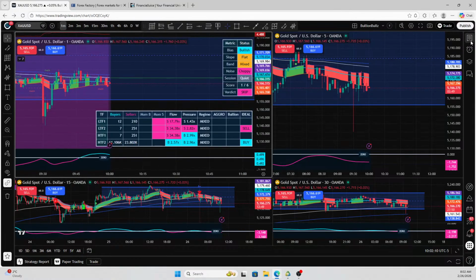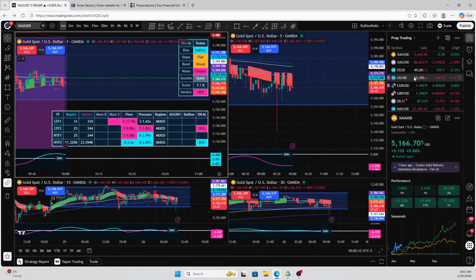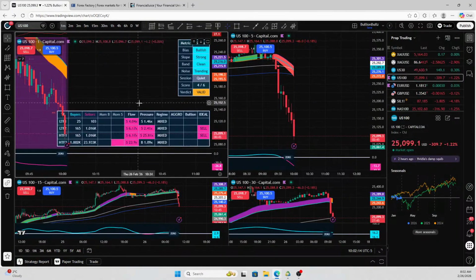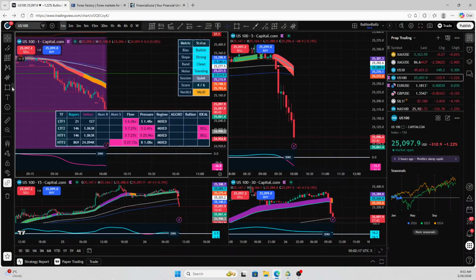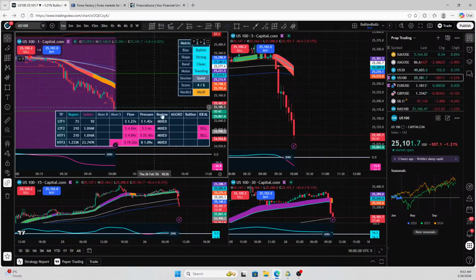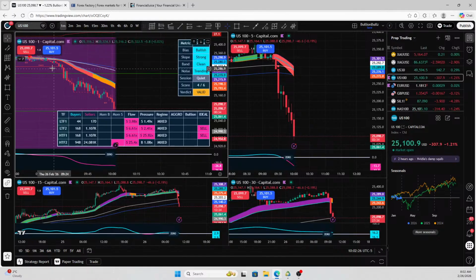Let's quickly see if there is more volume in the other markets. Nas is having actually down volume. You can see, and this is the kind of thing I was talking about, right? It's still bullish, so this would just be considered a pullback in the market for now.